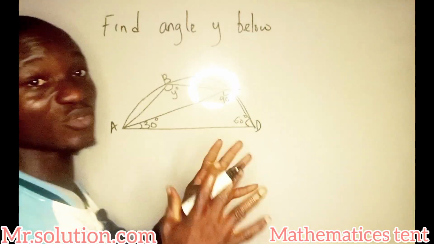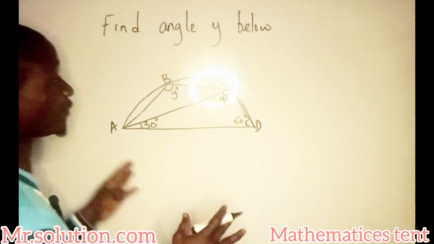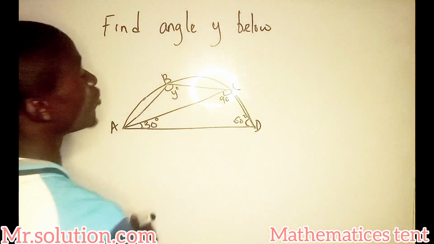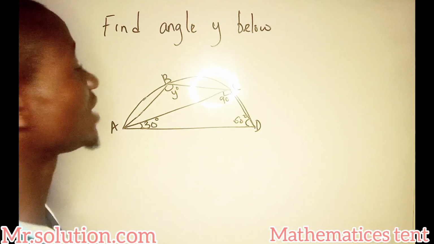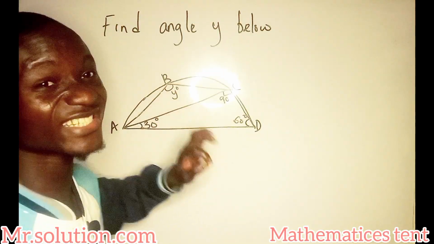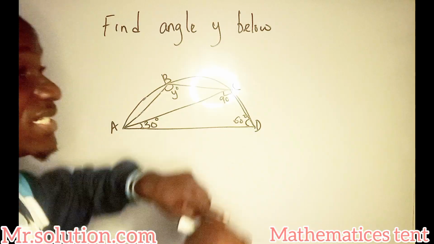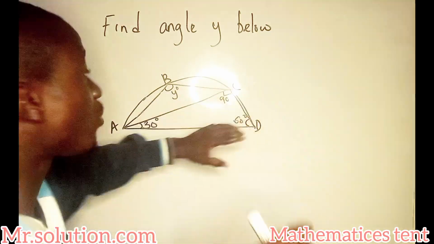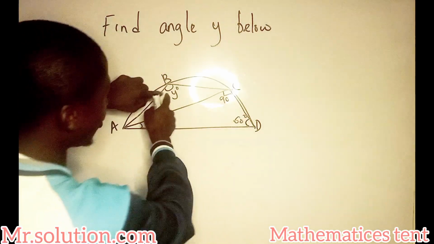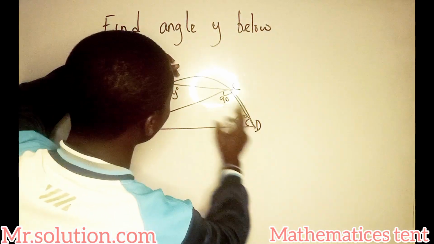Quadrilateral means a shape that has four sides. Now, a quadrilateral in a circle. One of the laws of circle theorem says that opposite angles of a cyclic quadrilateral, which is a quadrilateral in a circle, this one and this one they are opposite, this one and this one they are opposite. We are looking for y, so we are going to need this and this.